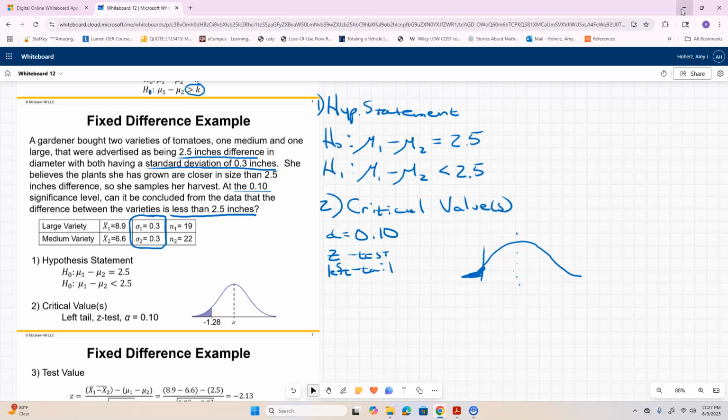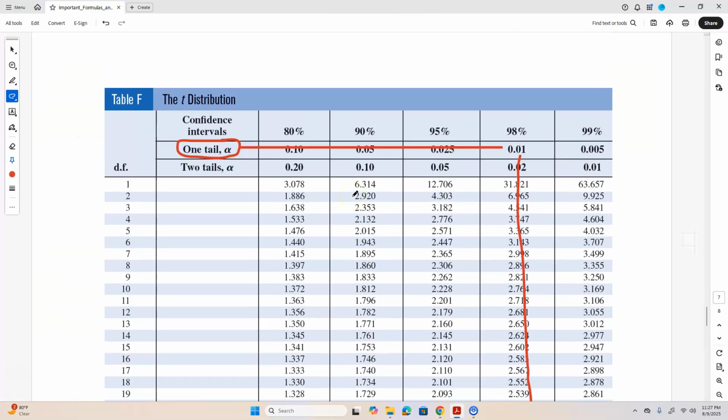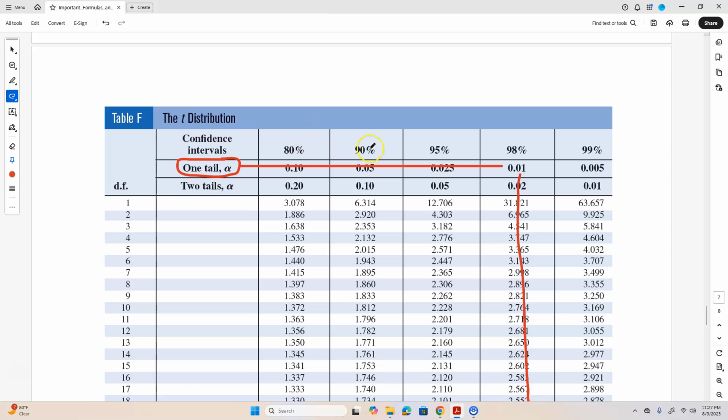Alpha 0.10, one tail. Oh, I looked at 0.01 instead of 0.10. Let me back up. Okay, alpha 0.10, not 0.01.